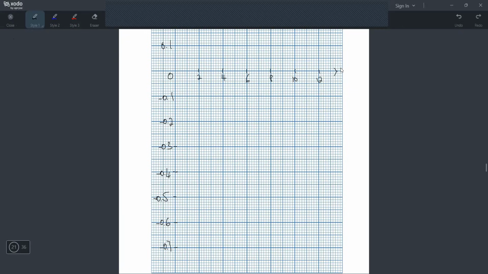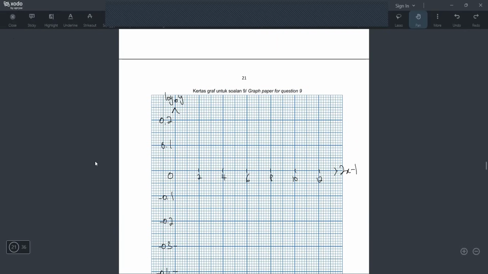And then this will be my x-axis, so I'll write 2x minus 1, because my x-axis is 2x minus 1, right? And the title for this graph will be graph of log 10 y against 2x minus 1, right? This will be the title. So underline this, and now I can start to plot the points.